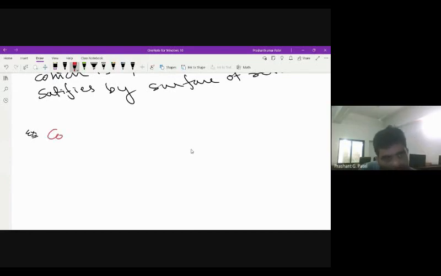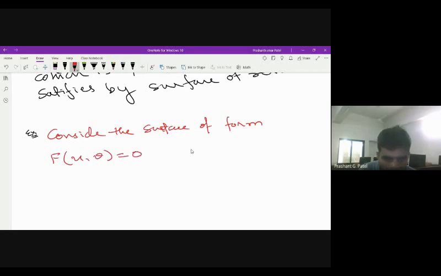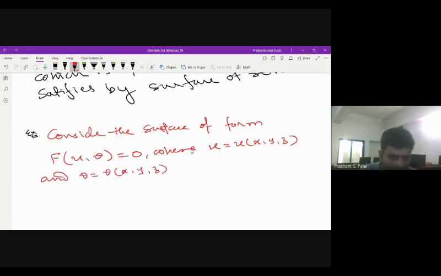Consider the surface of the form f of u v equal to 0, where u is equal to u of x y z and v equal to v of x y z are known functions of x, y and z.